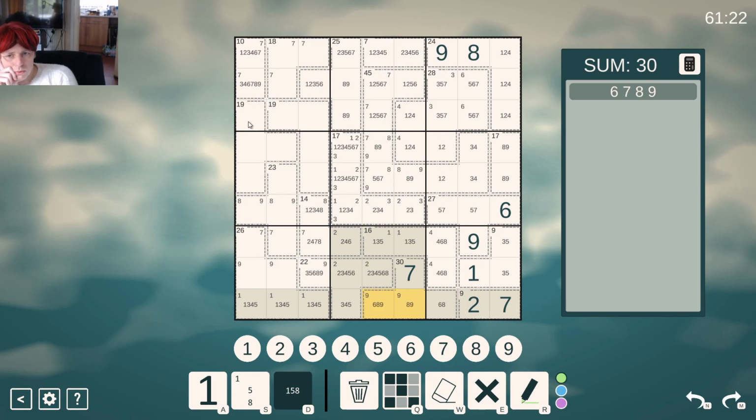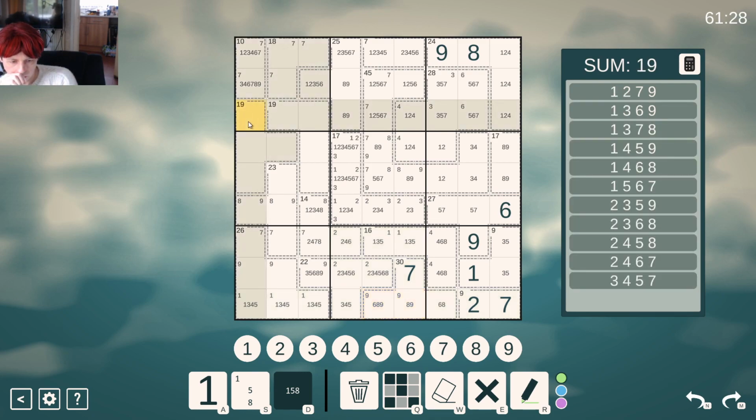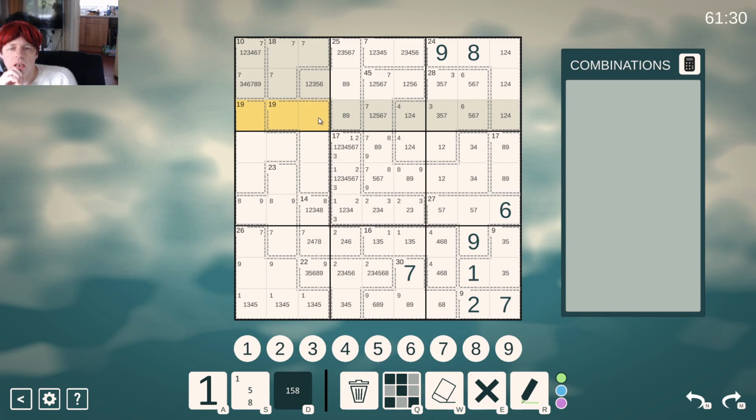I knew this was comprised of an 8 or 9, and then it's low numbers, isn't it? If it was an 8, it's 1, 2, 6. 1, 3, 5 or 2, 3, 4 were the options.